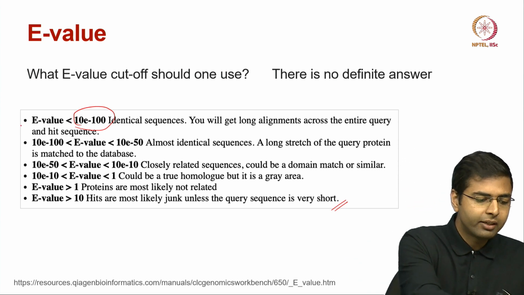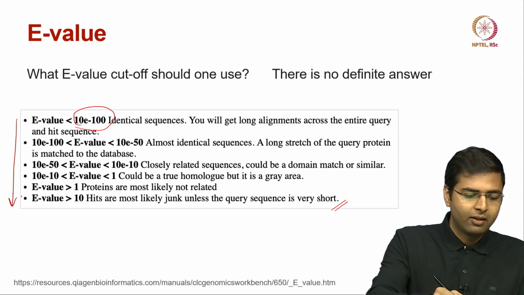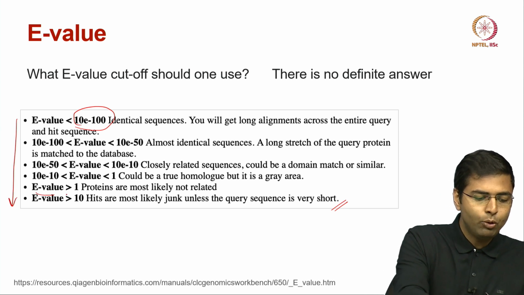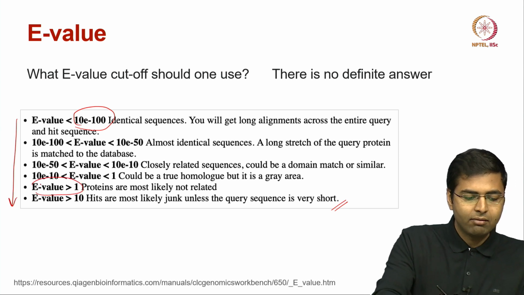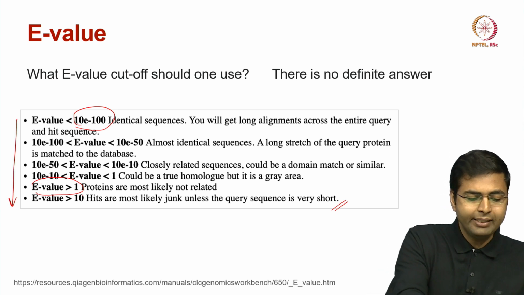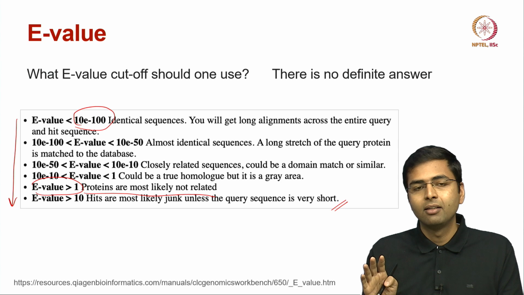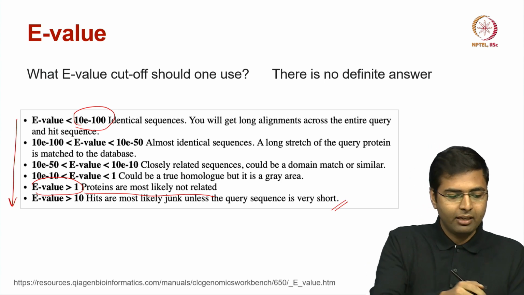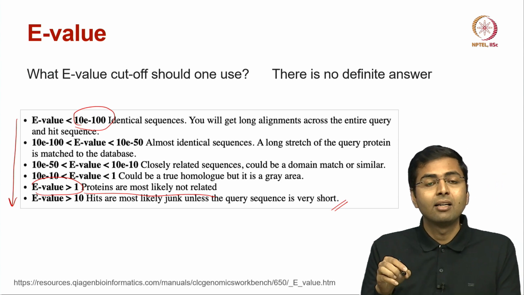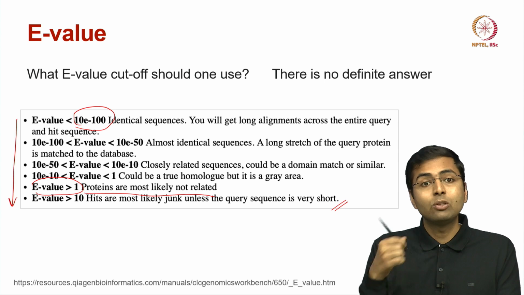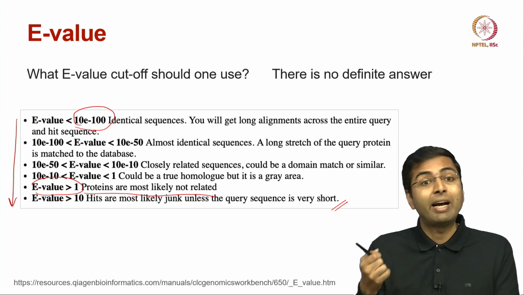As the E value increases, for example an E value greater than 1, the recommendation is that these protein sequences are most likely not related. That is, an E value greater than 1 means that there is at least one sequence in the database that would have been found just by chance.